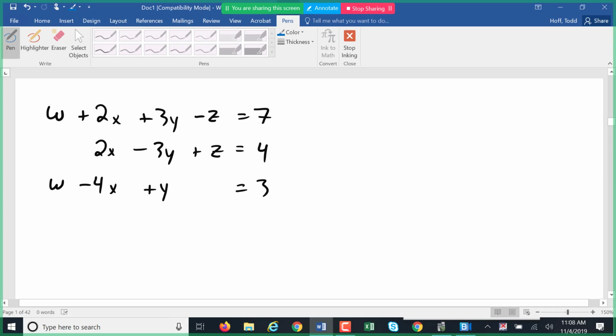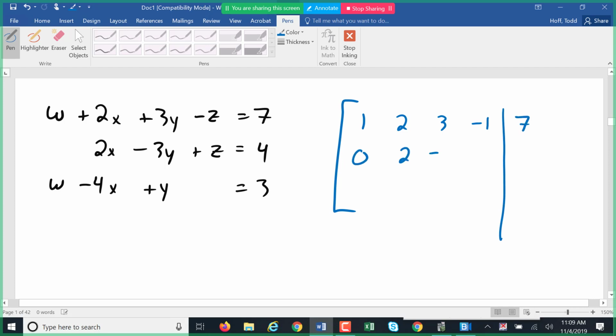But what we can do is eliminate at least 1 of the variables, and then we can solve in terms of what's remaining. So let's create the matrices here. 1, 2, 3, -1, augmented with a 7. 0, 2, -3, 1, augmented with a 4. 1, -4, 1, 0, augmented with a 3.